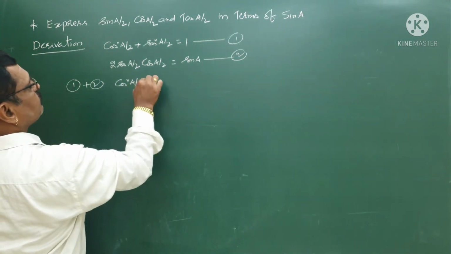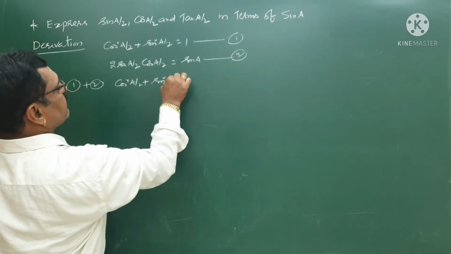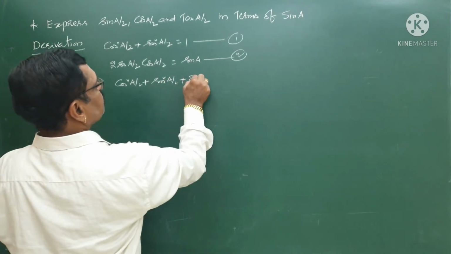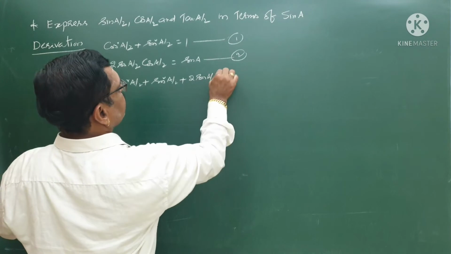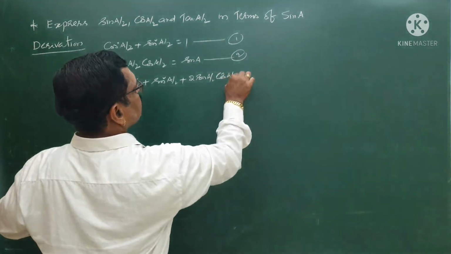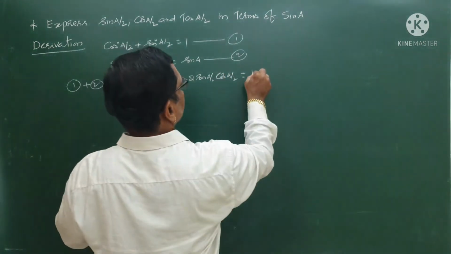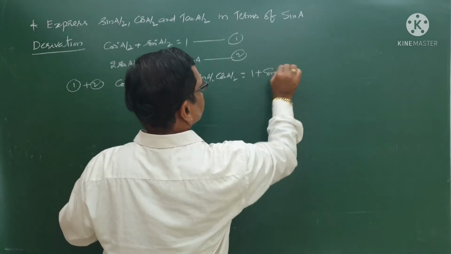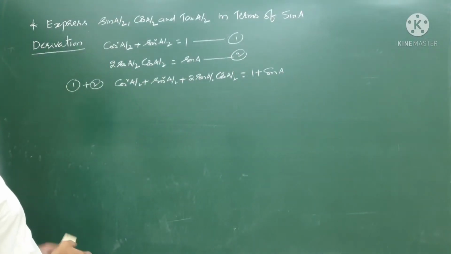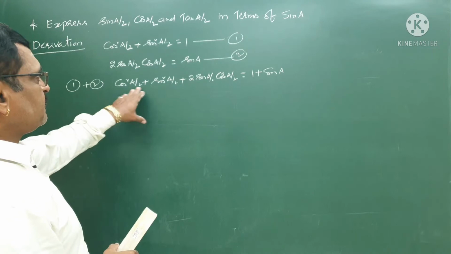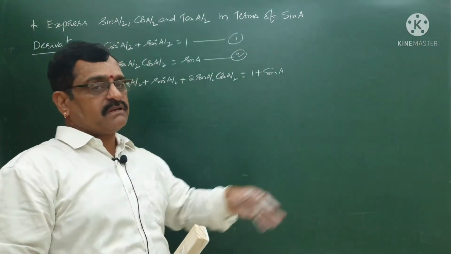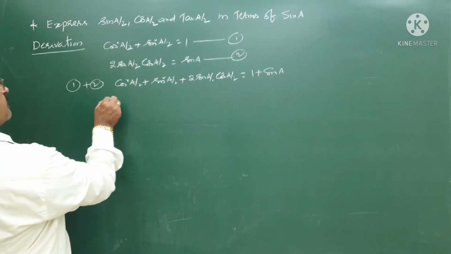So we have cos square A by 2 plus sin square A by 2 plus 2 sin A by 2 cos A by 2, and the right hand side will become 1 plus sin A. If you observe carefully, this is a square plus b square plus 2ab, nothing but a plus b whole square.